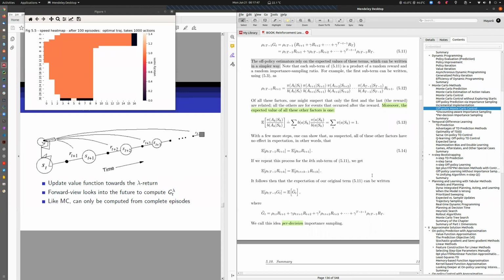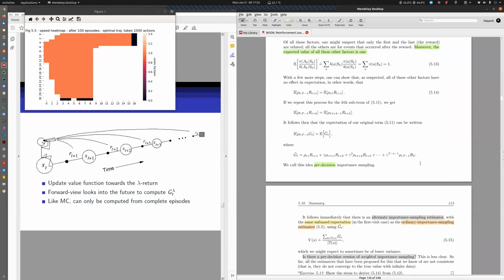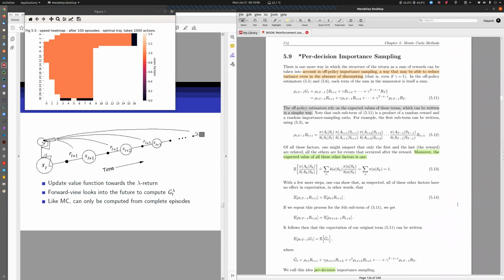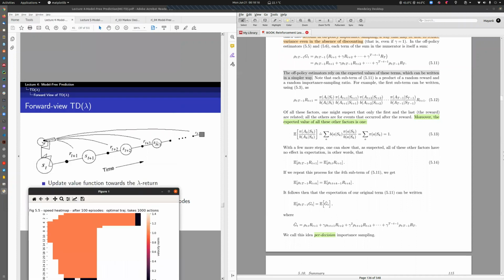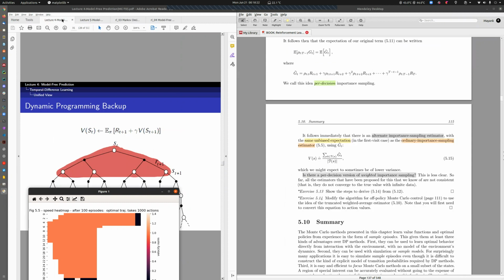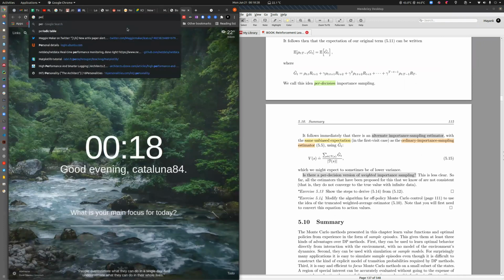And in other robotic tasks too, this per decision importance sampling might be used, like in the example of Go, to show where importance sampling is used.